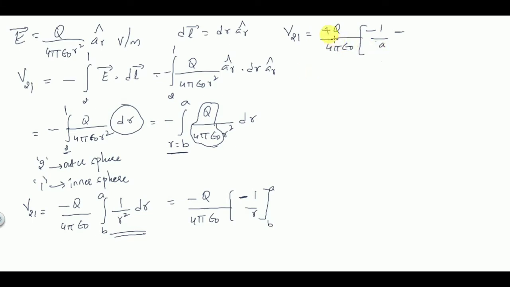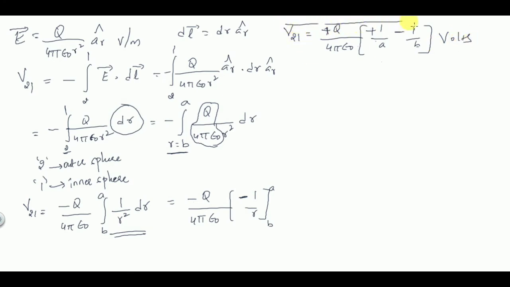So if you substitute the upper limit, you will have 1 by a minus 1 by b. Okay, so this is your potential.